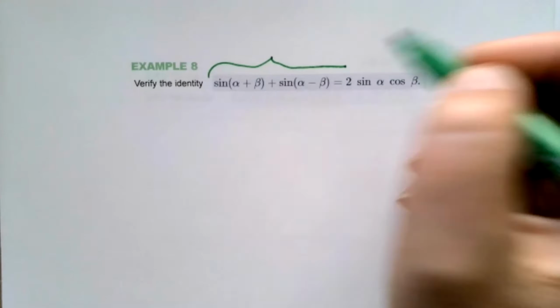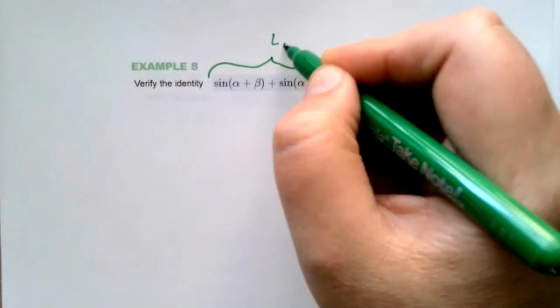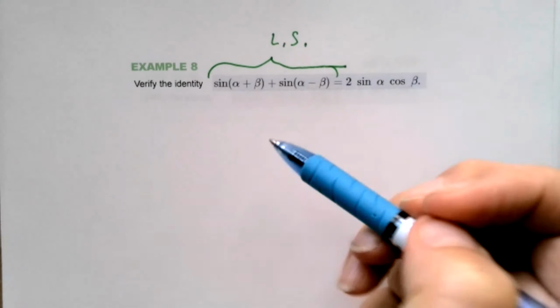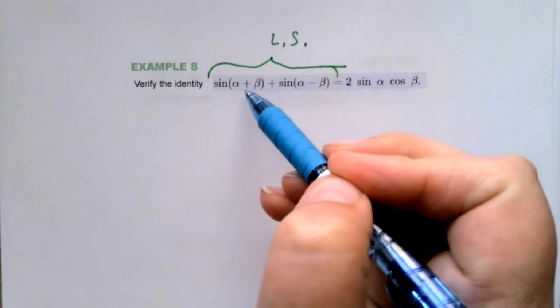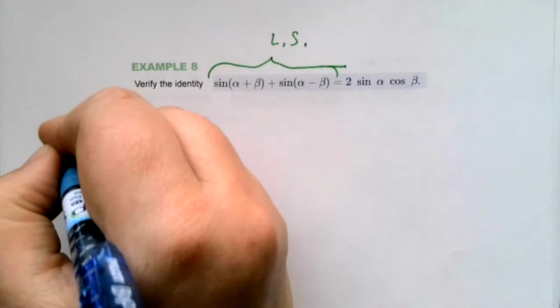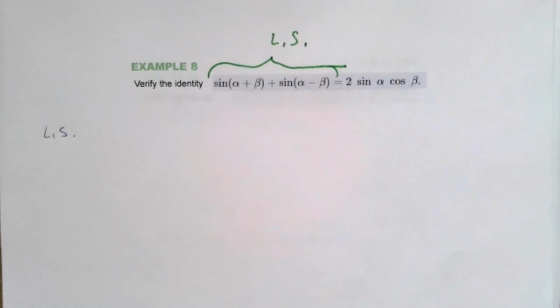Plus, just looking at it, I already know which formulas to apply. So I'm just going to take that left side and apply the formulas that we just learned in this section, namely the sine of sum of angles and the sine of difference of angles. So I'm going to start with the left side.